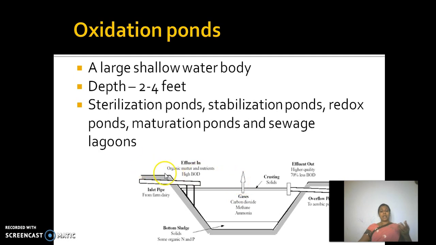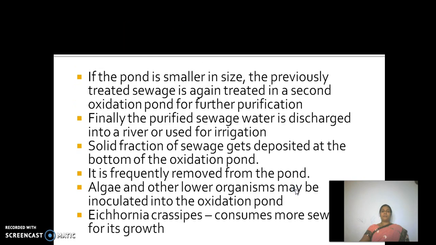And at the bottom of the sludge, where the oxygen level is a little low, there is a conducive environment for the growth of anaerobic microorganisms. Anaerobic microorganisms are also involved in the oxidation of organic materials present in the sewage. And the clarified and treated effluents are collected back, and this will have a low BOD.